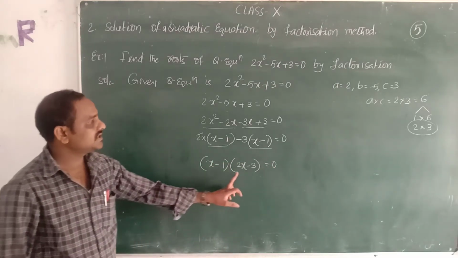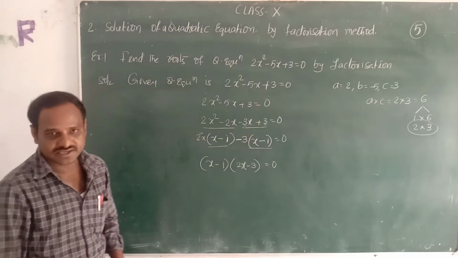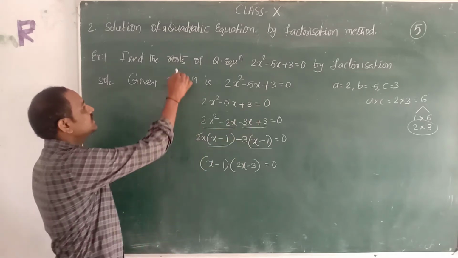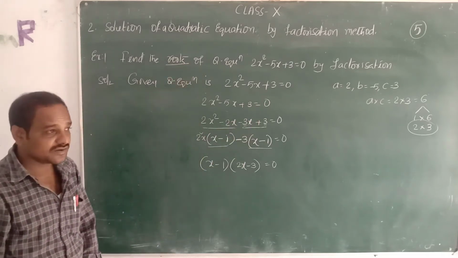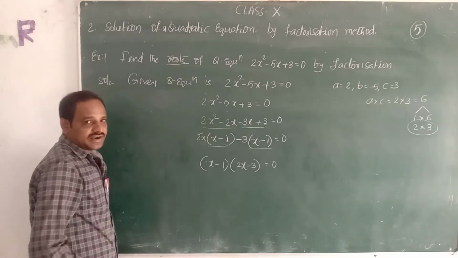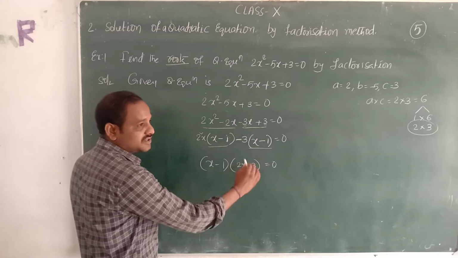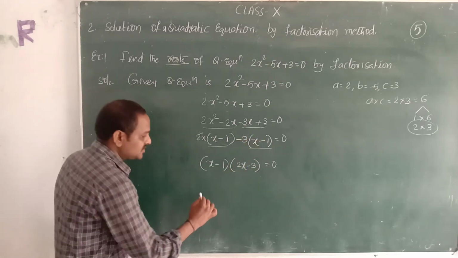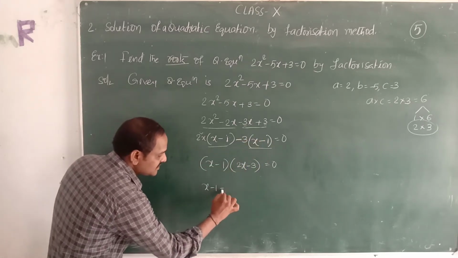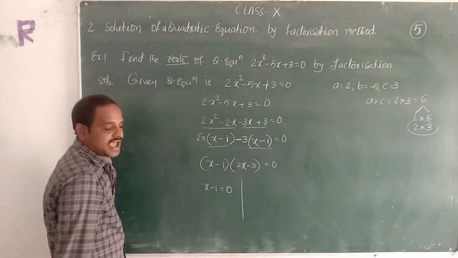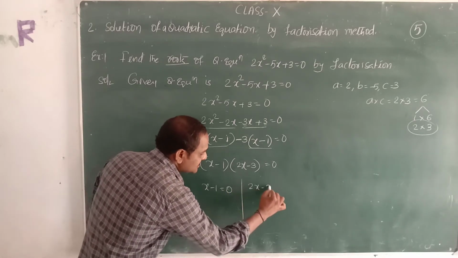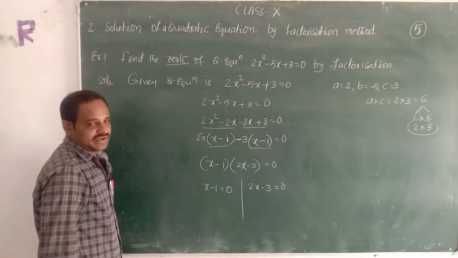So these two are the factors of this quadratic equation. But we need to find out the roots. To find the roots of the given quadratic equation, we have to equate these factors to 0 separately. So x minus 1 is equal to 0 once, and 2x minus 3 is equal to 0 once.